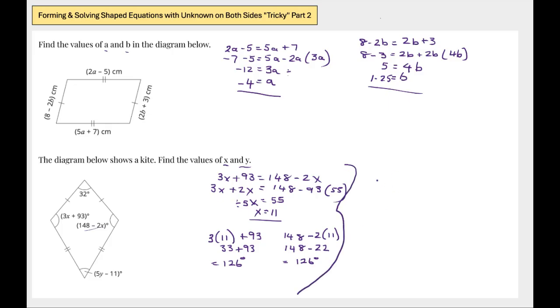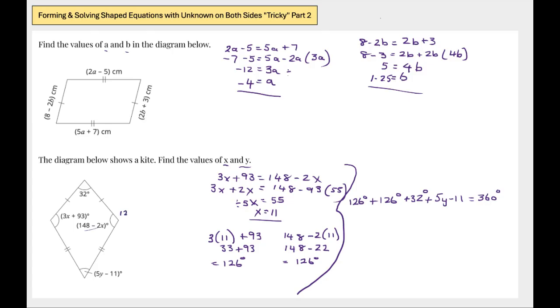The next step is to add everything we've got, which is 126 plus 126 plus 32 degrees. And then we have 5y minus 11, and that all will come to 360 degrees.